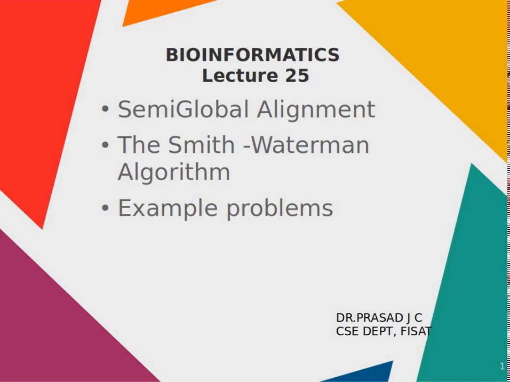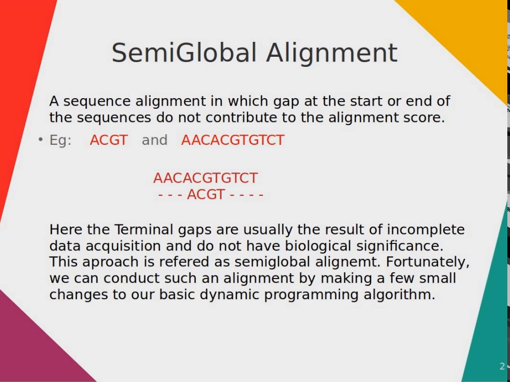Today we will discuss semi-global alignment, the Smith-Waterman algorithm, and we will do some problems. The basic alignment algorithm discussed so far performs a global alignment. That is, it compares two sequences in their entirety.